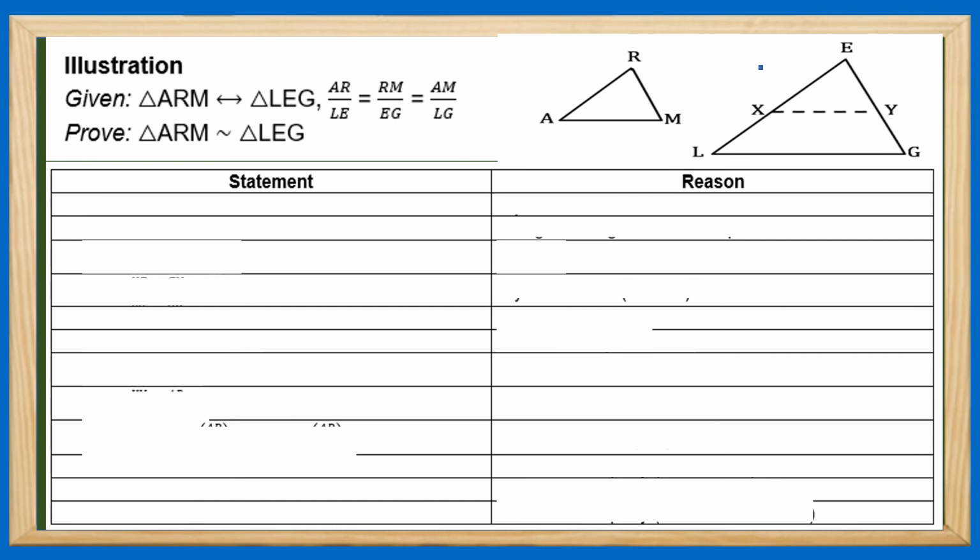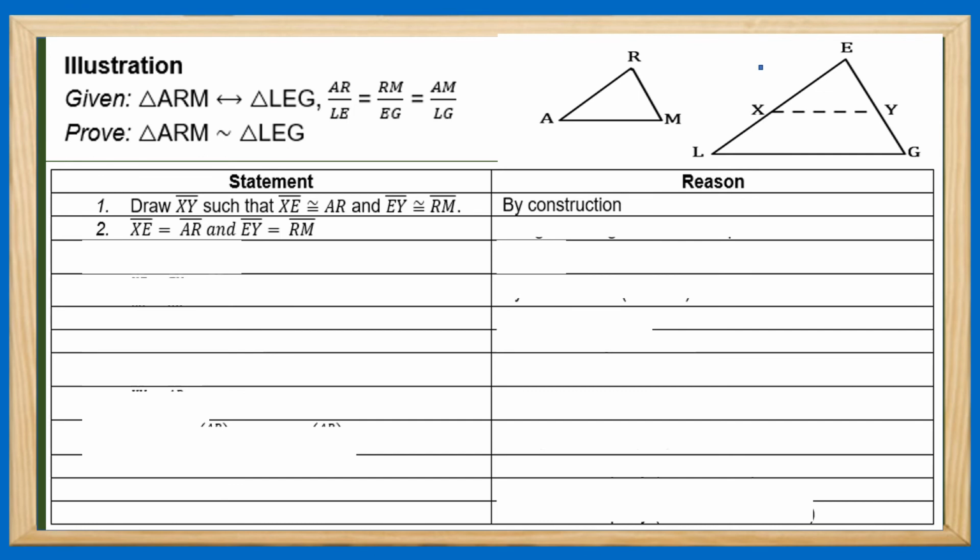We have to prove that triangle ARM is similar to triangle LEG. So let us draw segment XY such that segment XE is congruent to segment AR and segment EY is congruent to segment RM. That is by construction.